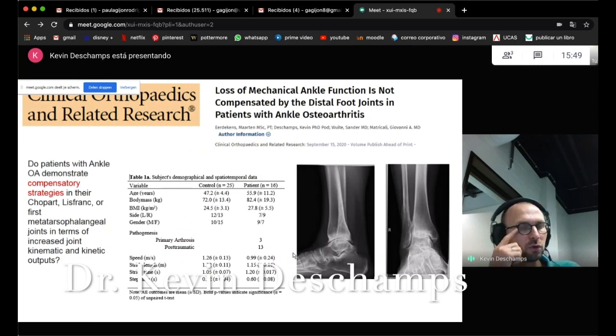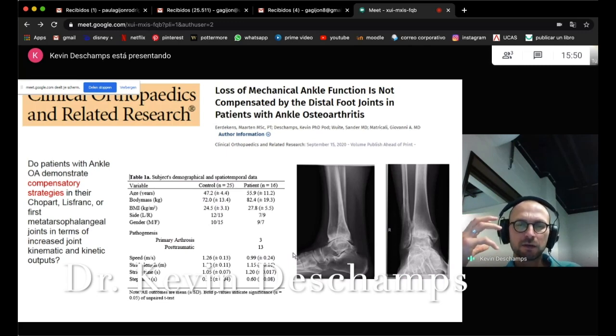What we also did more recently, in a paper we recently published in Clinical Orthopaedics and Related Research, is that we have a specific research pathway in the domain of osteoarthritis.